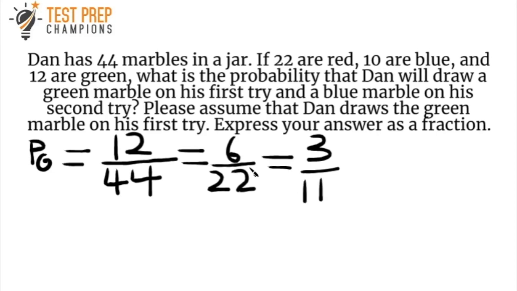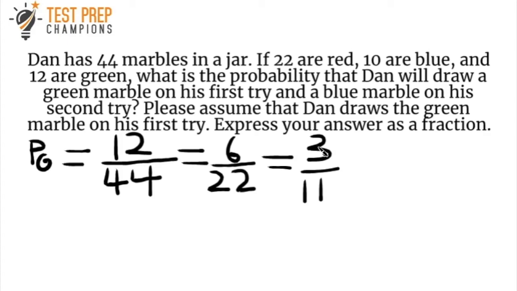So whenever you have even numbers, you can just keep dividing by 2 until you can't anymore, and then you're going to be in simplest form. Right, so that's what we did here. So the probability of Dan drawing a green on his first try in simplest form expressed as a fraction is 3 out of 11.